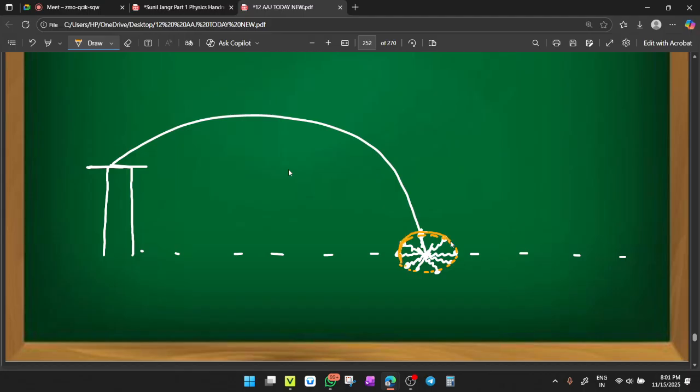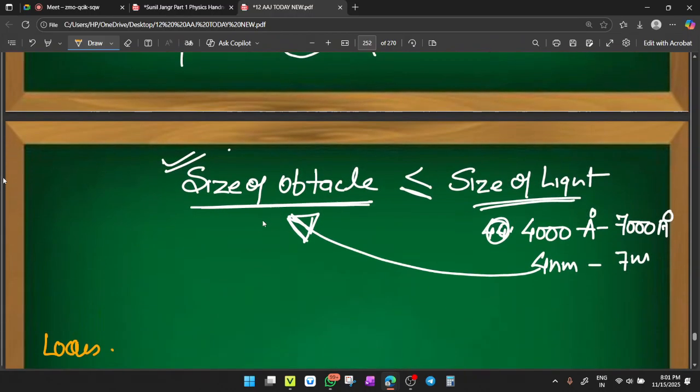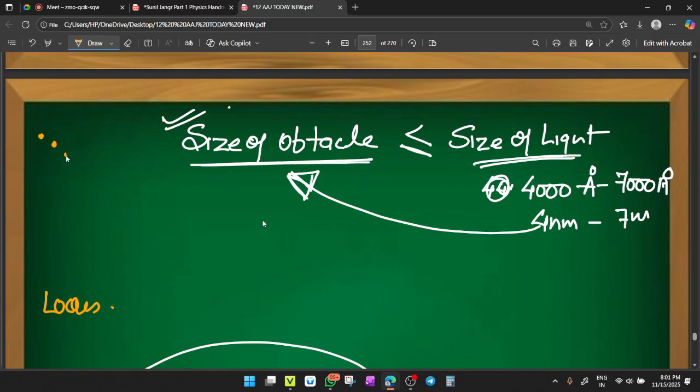Yes or no? In physics it is called wavefront. What is the name of this packet? This is called locus. Locus means if there are too many particles and you join these particles, you have a trace, a curve.